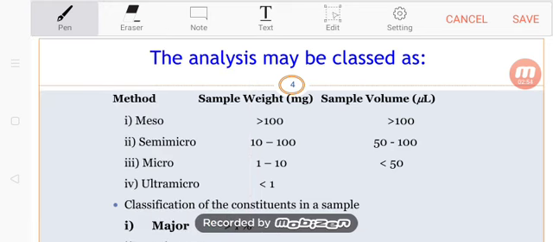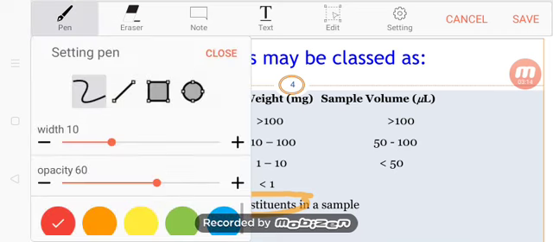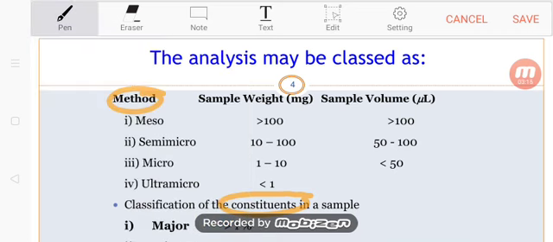The analysis may be classed by method or by the percentage of constituent in a sample. For method, it can be divided into 4 methods. If the weight of your solid sample is greater than 100 milligram, it can be classified as a macro method.